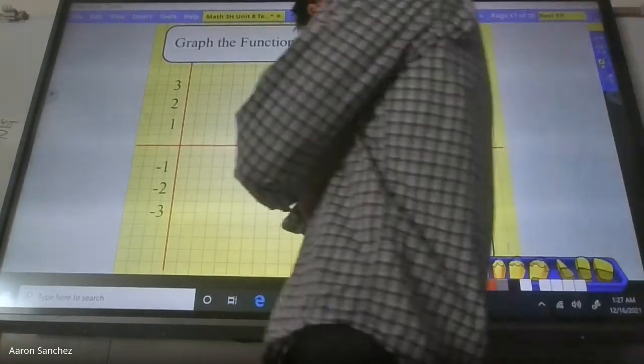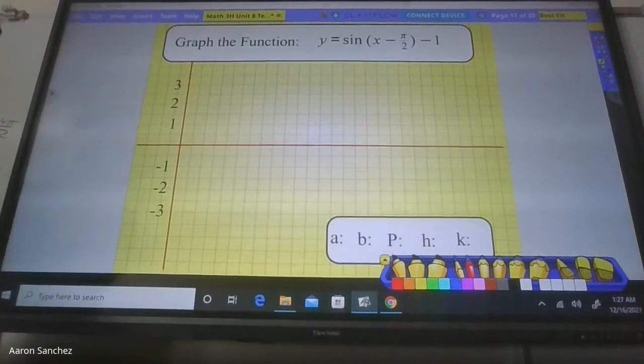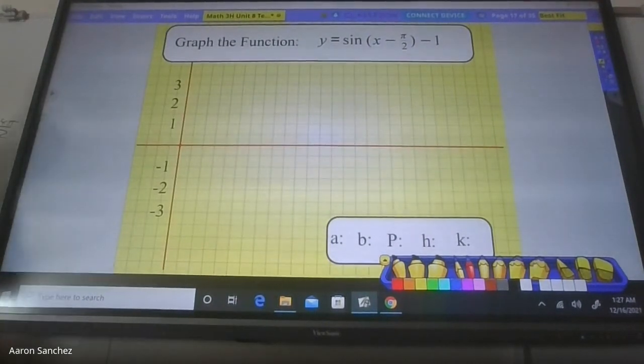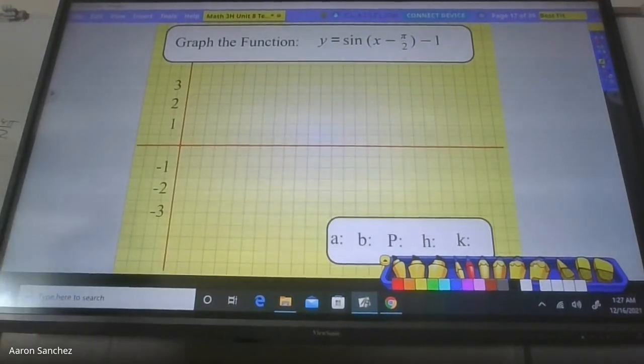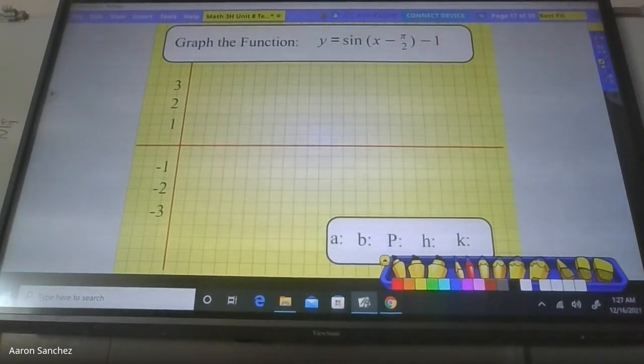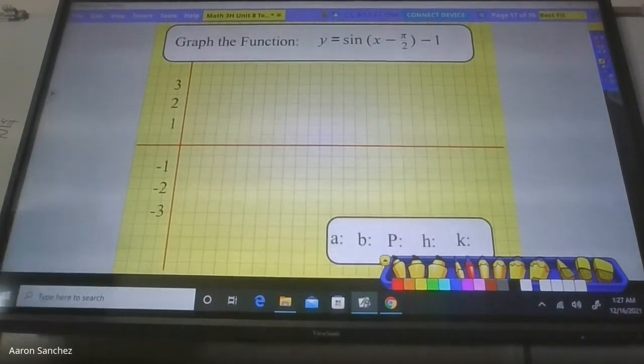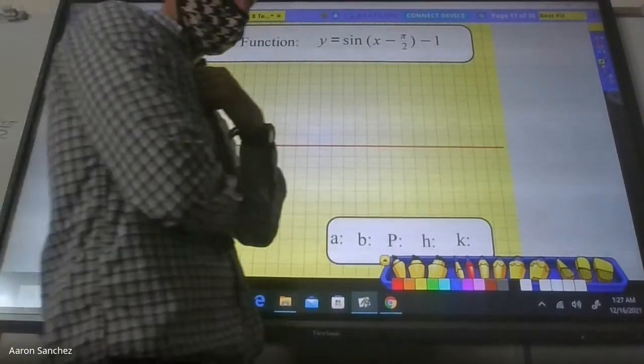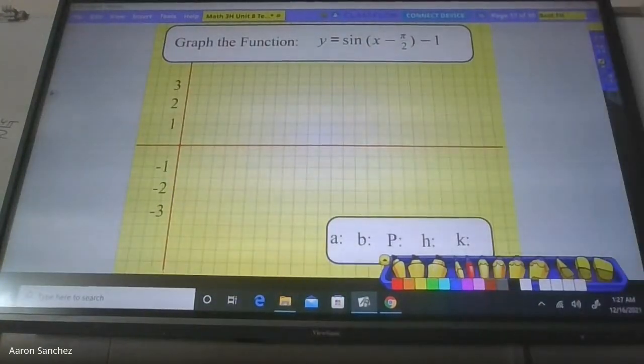All right, so A, B, P, H, and K. This one has an H. In my opinion, I don't like the H's. But there's no A, it's not negative, so I guess that makes it easier. And all this does is have an H and a -1, so there's no B either, right? So not so bad. You just have to focus on the H and the K, right?